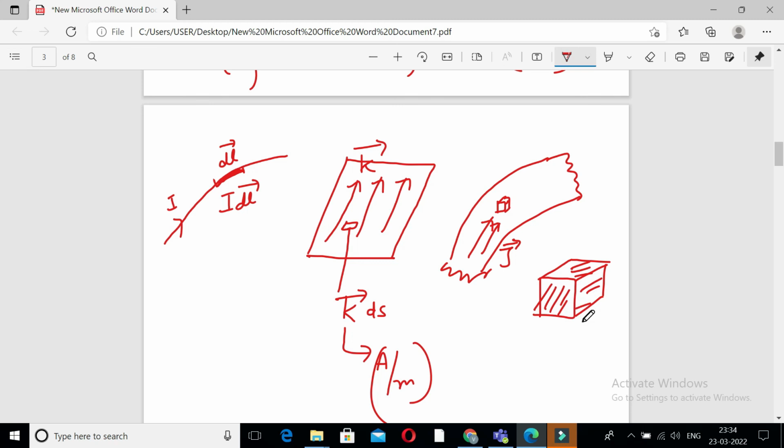So here we can see any face. So the unit of J will be ampere per meter square, because I am taking any surface, and a surface is nothing but the area, height into width. That's why the unit of J is ampere per meter square.